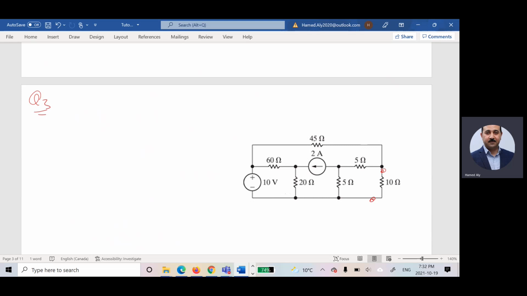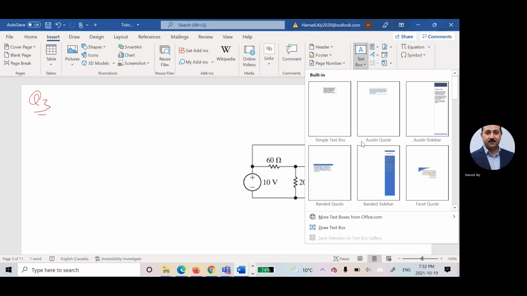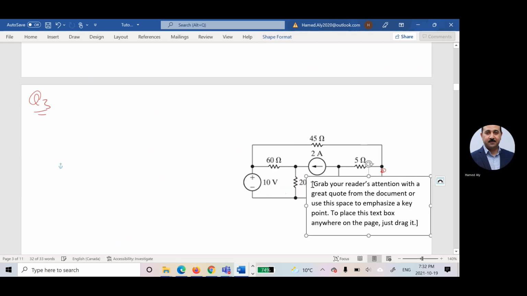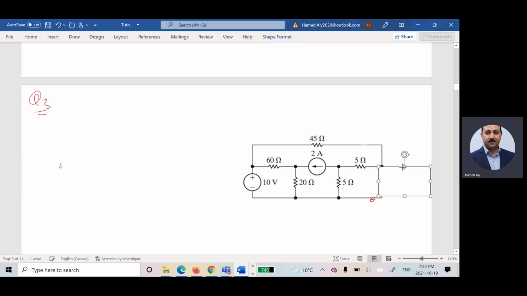What should I do, my friend, for finding the Thevenin? Yes, I have to remove this guy first. So I will redraw the circuit again, but instead of redrawing the circuit, I'm going to insert this guy here. It will consume my time if I redraw the circuit.